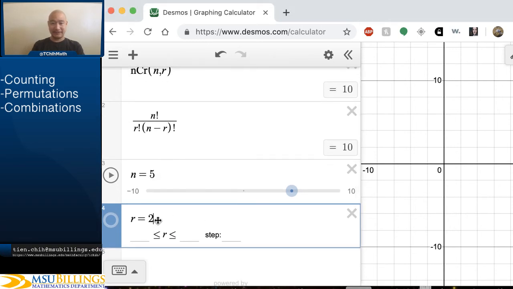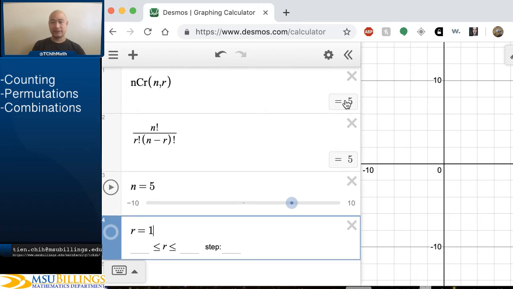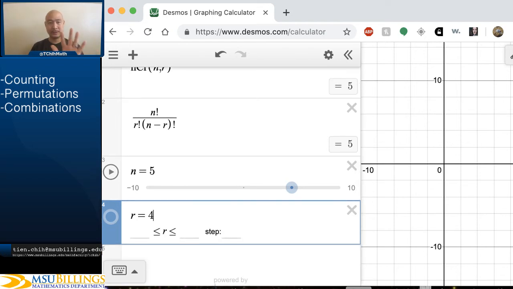So if n is 5 and let's say r is 1, there are 5 ways to do that. That makes sense, right? If there's 5 objects and I have to pick one, there's 5 ways to do that. And n choose 4 is also 5. And that's for the same reason. If I have to pick 4 of these objects, there's 5 ways I could leave one behind. And so that's still 5.